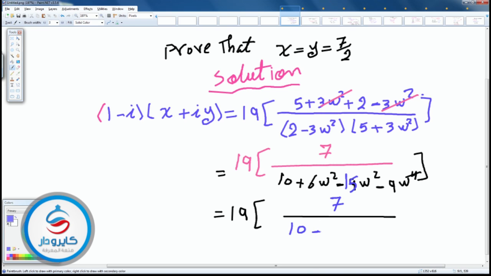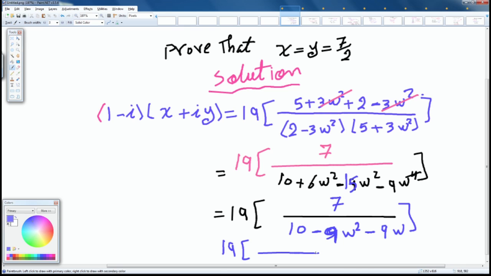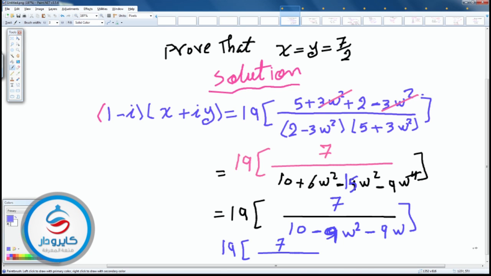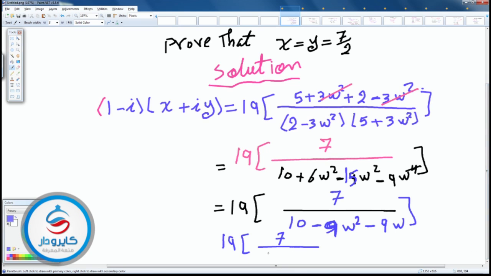Now we have negative 5 omega square, negative 10 minus 9 omega square minus 9 omega equals 19. This is 7, and we have here 10 plus 9.